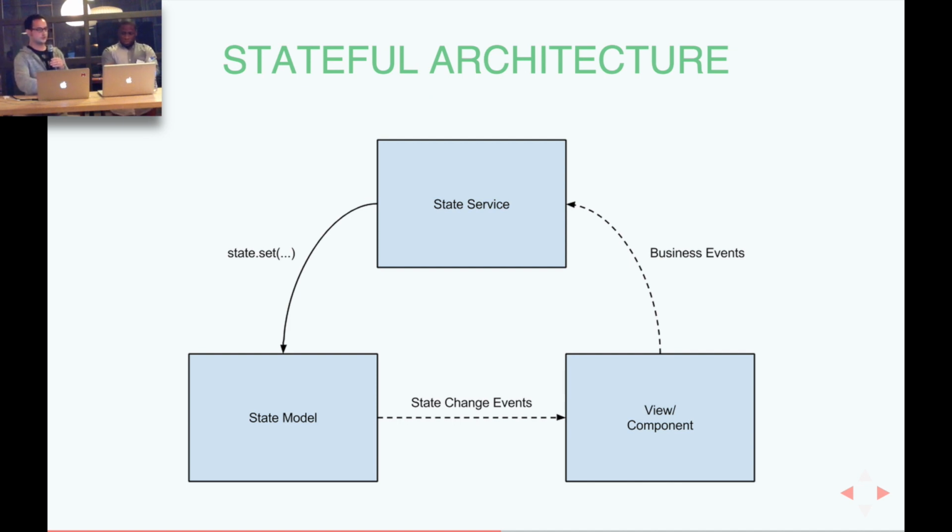After a lot of research and our own experimentation, in fact, it didn't start out this way, it ended up this way, and a lot of collaboration between the 2 of us, we came up with this idea of a state service. And it's not new. You've heard it before in terms of a controller, perhaps. So you have a view component, and it's advertising business events.